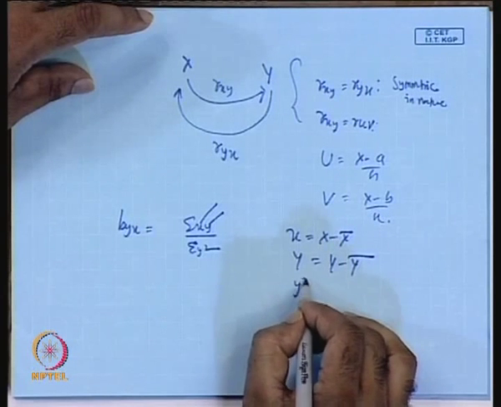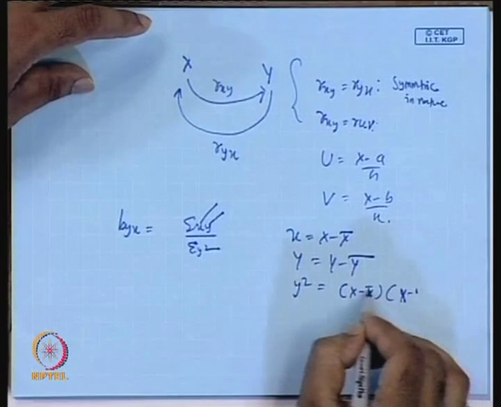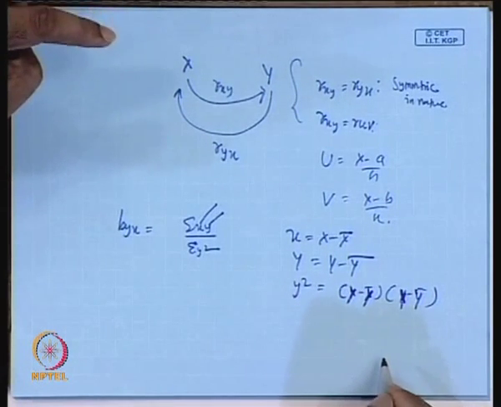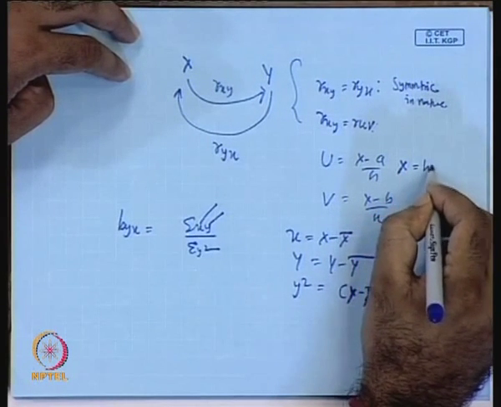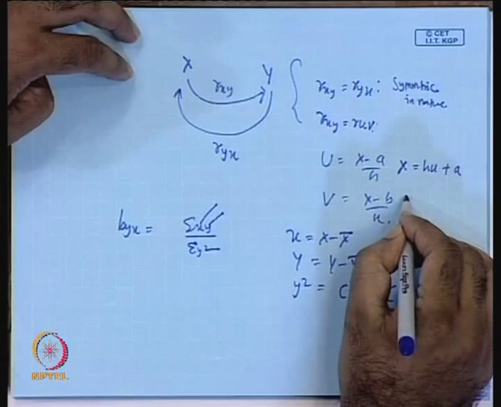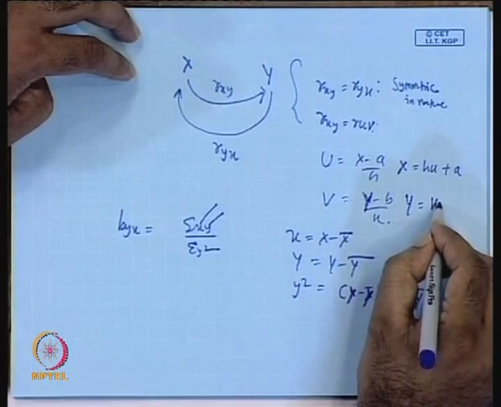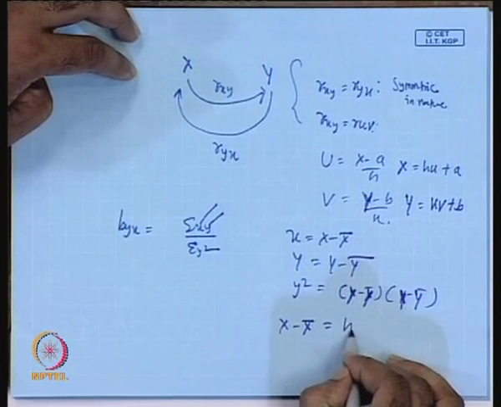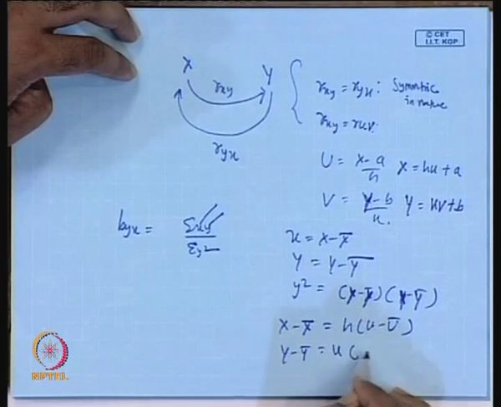Now if we simplify, x equals hu plus a, and y equals kv plus b. So x minus x bar is nothing but h into (u minus u bar), and y minus y bar represents k into (v minus v bar).